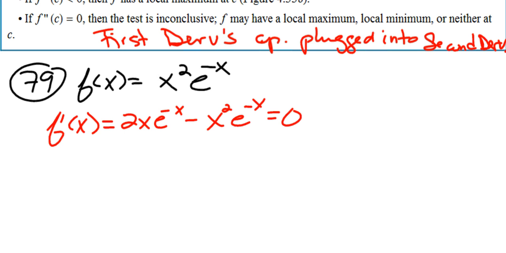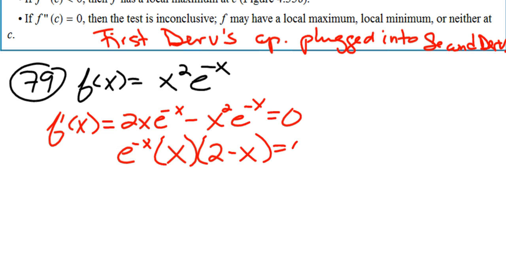When I set this equal to 0, I have this issue of e to the negative x, so I'm going to factor that out. I could also factor out an x, but I'll show you the factors this way, and I have 2 minus x as my last one.